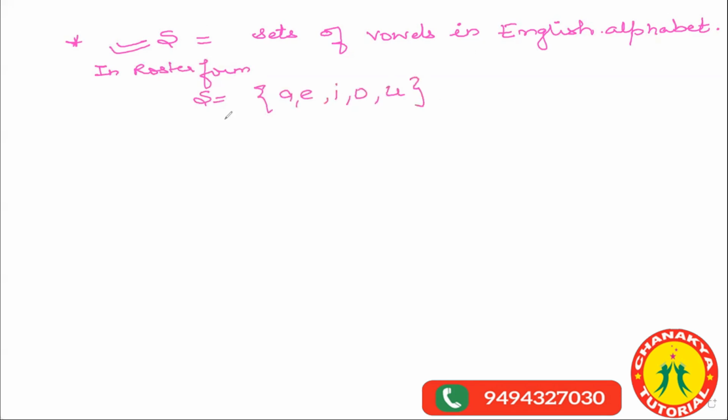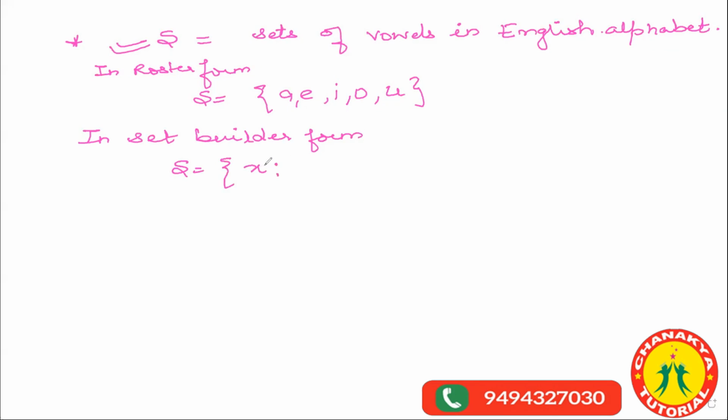Yes, very good. Now next, Jaswant. Just tell me in set builder form, how I will write. S is equal to {x such that a, e, i, o, u}, vowels of English.